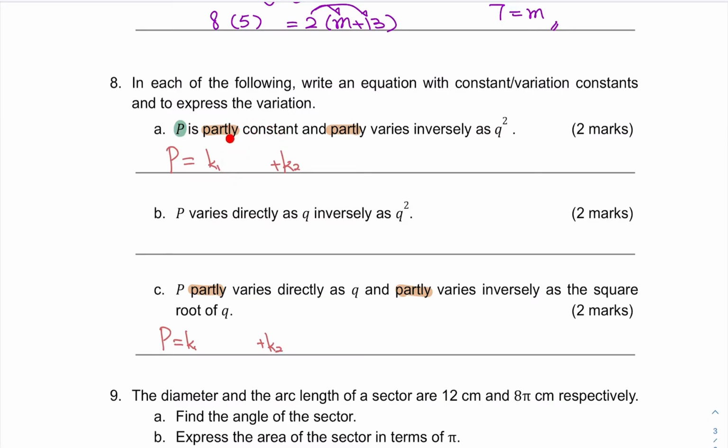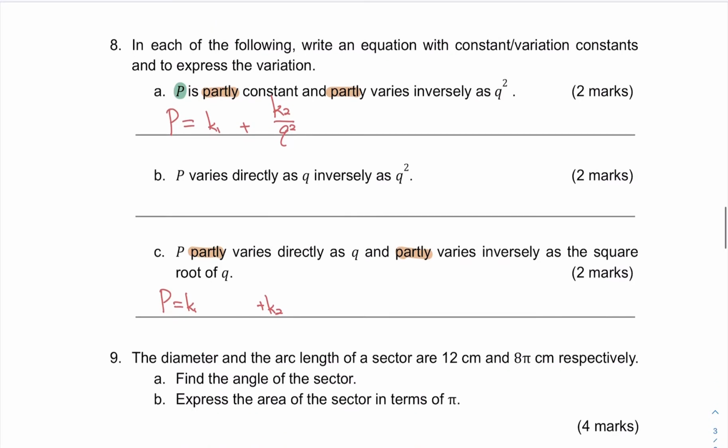Now the first part is constant. Constant means there is no unknown. But the second part varies inversely as Q square. Inversely means over. That means division. So you will put over Q square there. Now just write it a little nicely. It will be like this. Cool. That's your answer. You get 2 marks just by that.